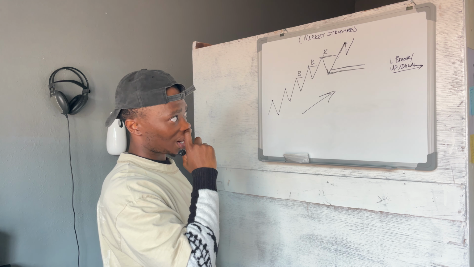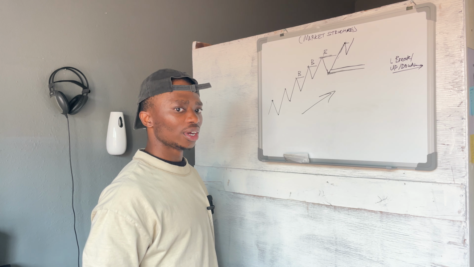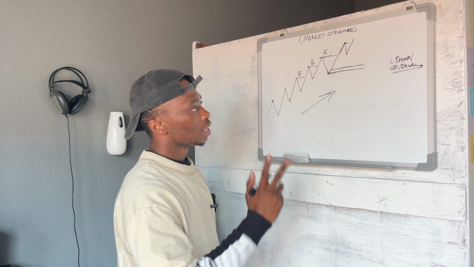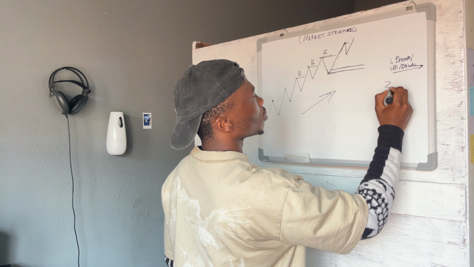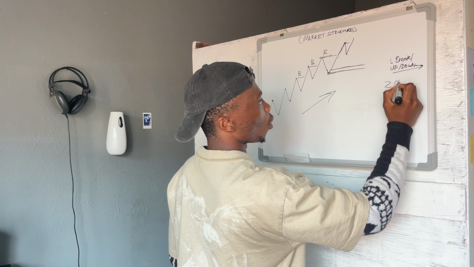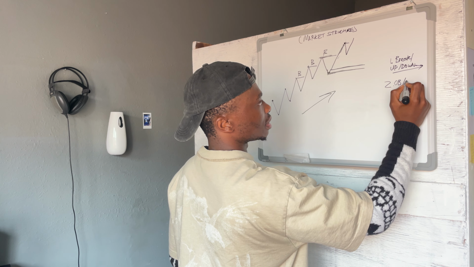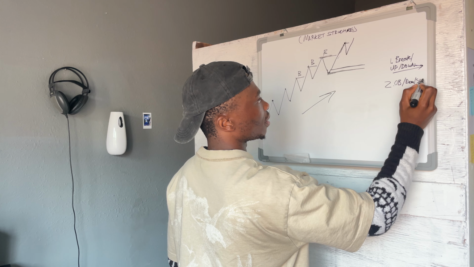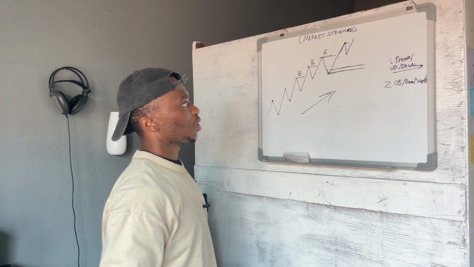You look for the breaks. Step 2, you look for the order block, the OB, which is a demand or a supply.